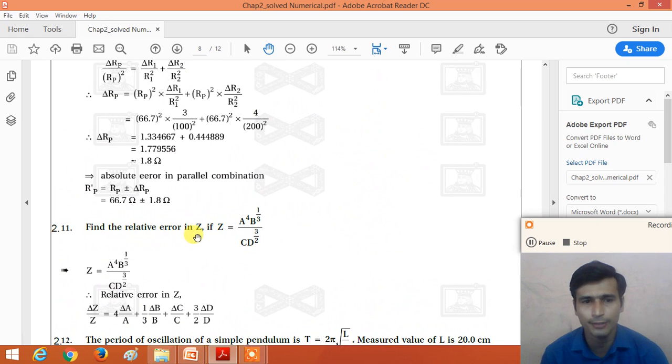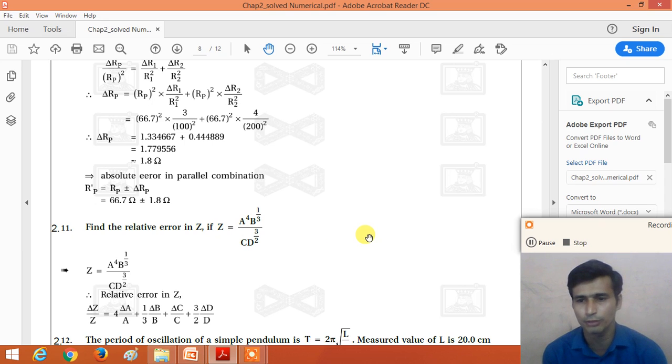Find the relative error in Z if Z is equal to A raised to 4, B raised to 1 by 3, divided by C D raised to 3 by 2. So here, to calculate the relative error, we use the errors in multiplication and division.